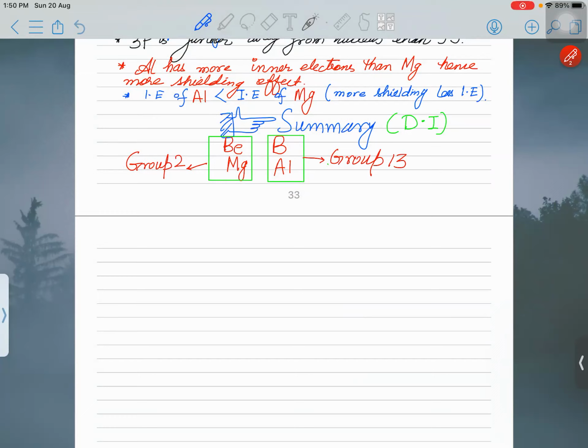But actually, because we have an exception, group 13 has less ionization energy than group 2. Always remember, if the examiner asks any comparison between group 13 and 2, you always memorize that group 13 has less ionization energy than group 2.